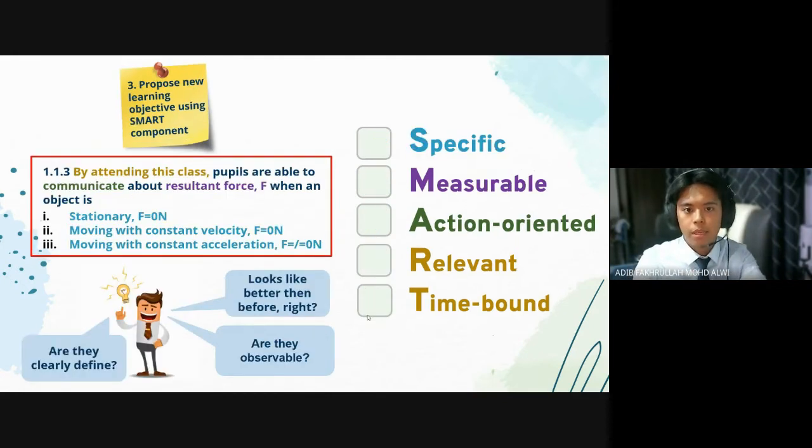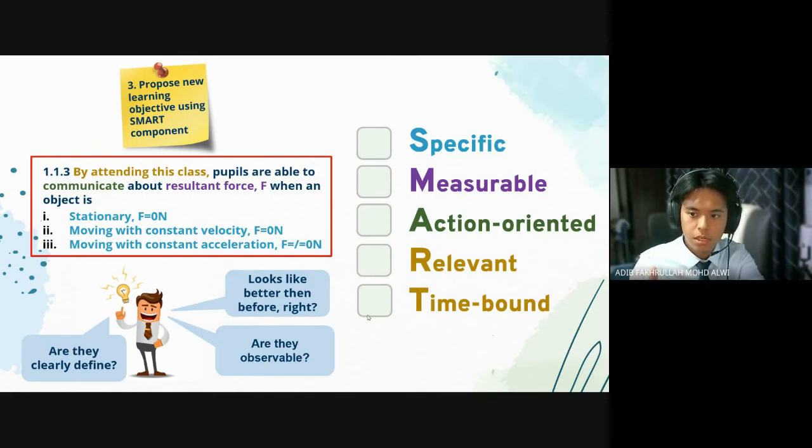All right. Now let's propose new learning objective using SMART components. By attending this class, pupils are able to communicate about resultant force F when an object is stationary, F equal to 0 Newton, moving with constant velocity, F equal to 0 Newton, and moving with constant acceleration, F not equal to 0 Newton. So it is specific.